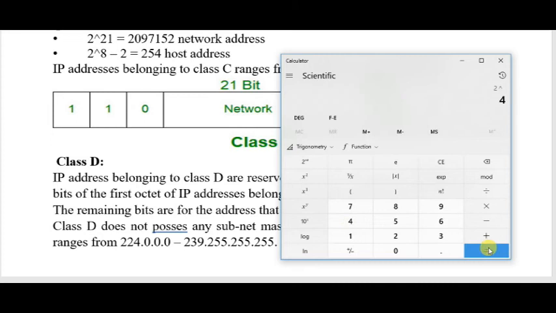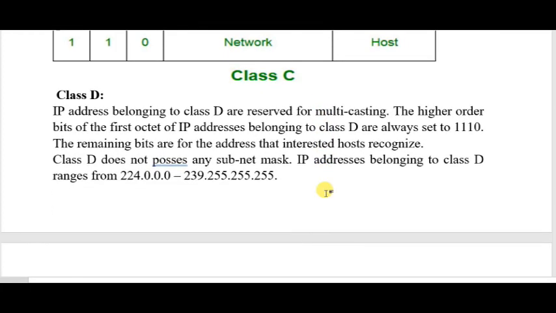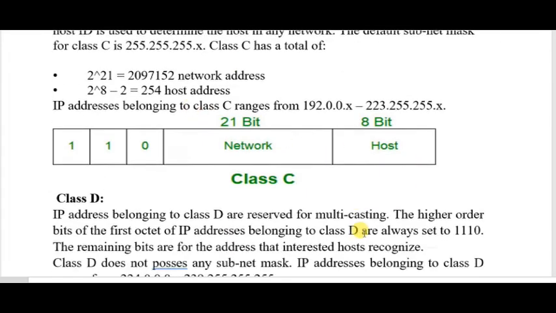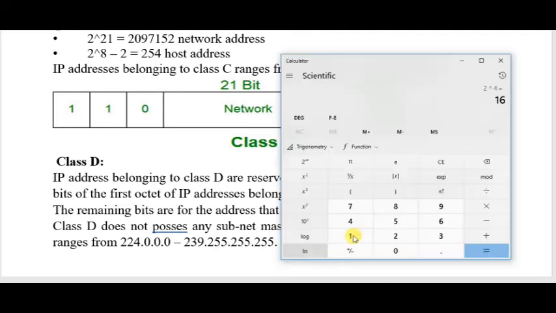Whatever the last address we got from class C, 223, we will add that 16 to 223. That means 239. So the class D address will start from 224 to 239.